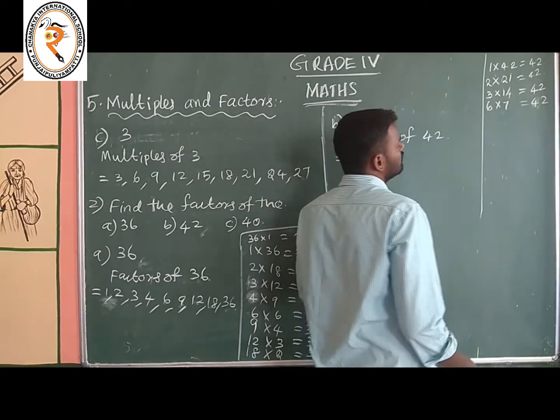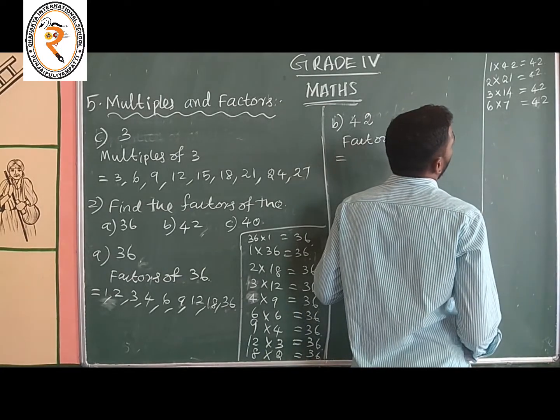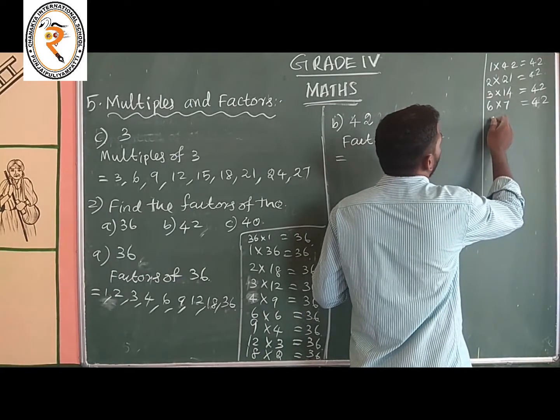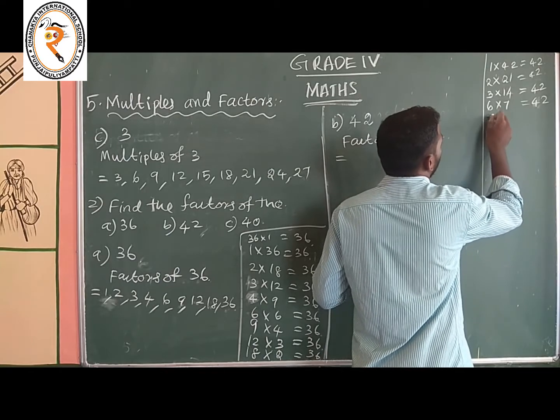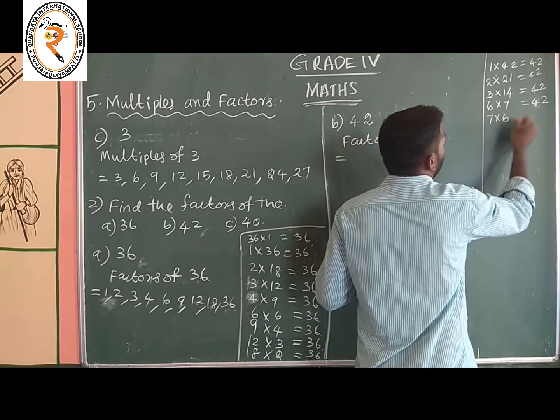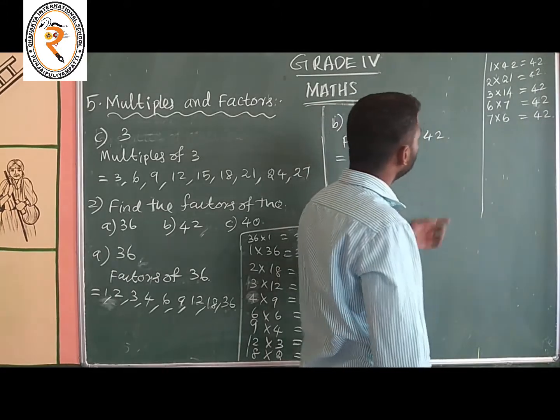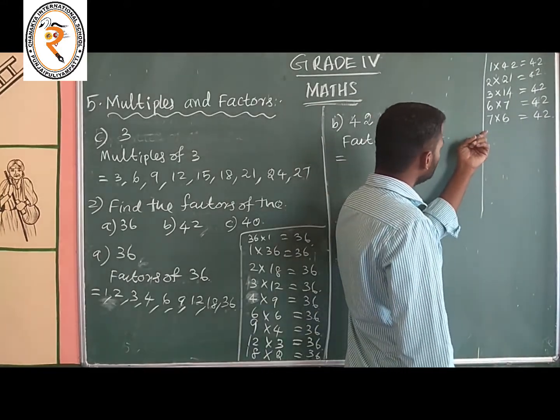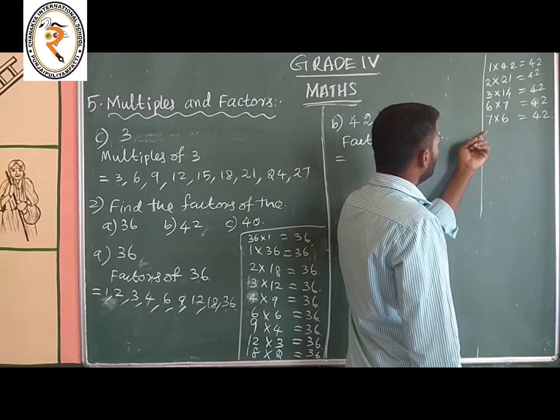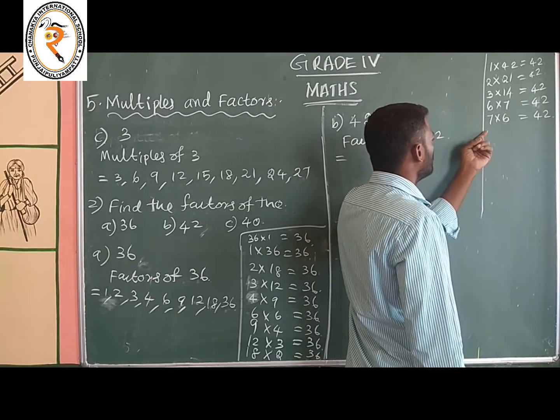Seventh table: 7 6s are 42. The eighth table, 42 does not come, and the ninth table also 42 does not come.